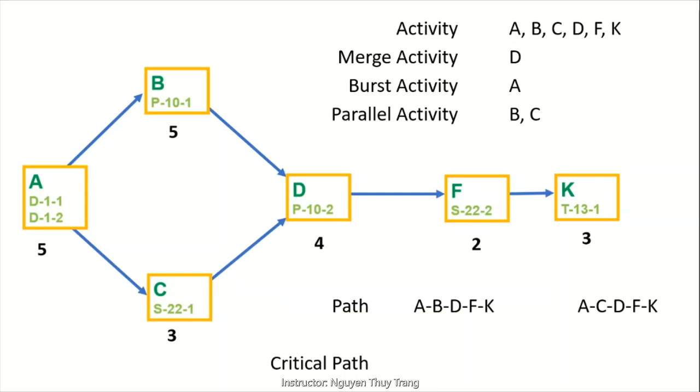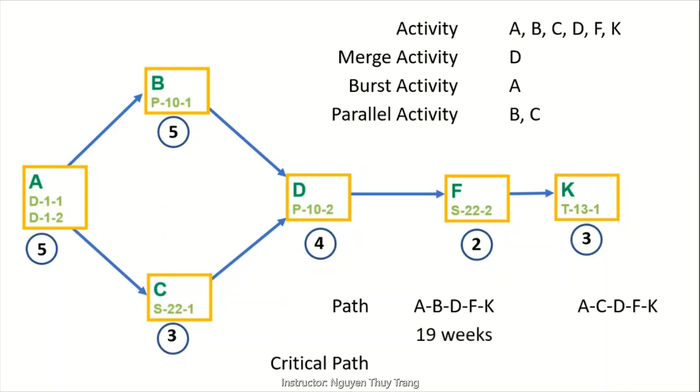Based on the durations of each task or activity, we can determine the duration of each path, right? We need 19 weeks to complete the first path and 17 weeks to complete the second one. From the definition, the critical path is ABDFK.